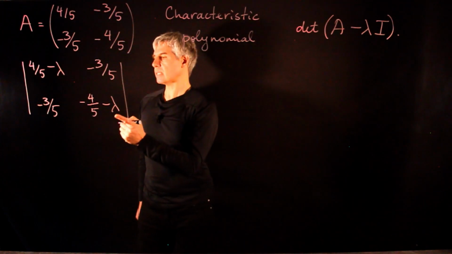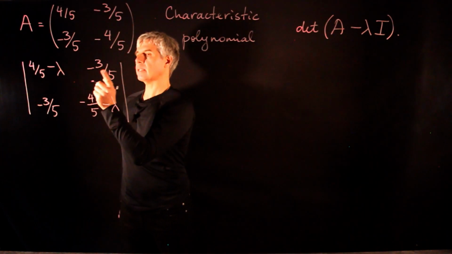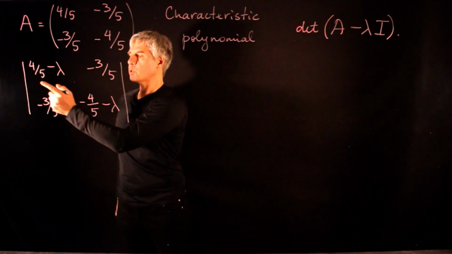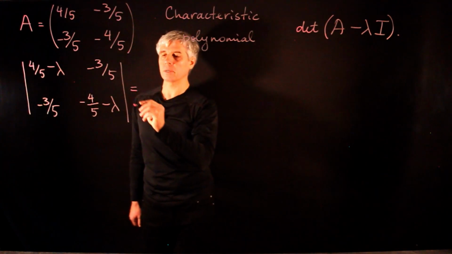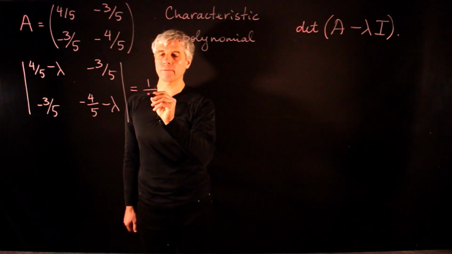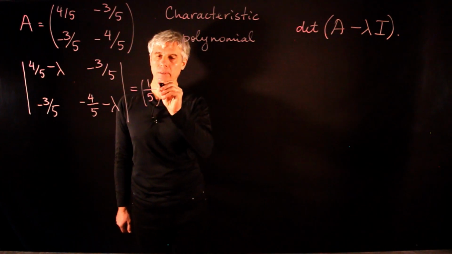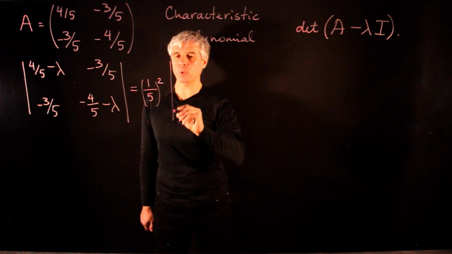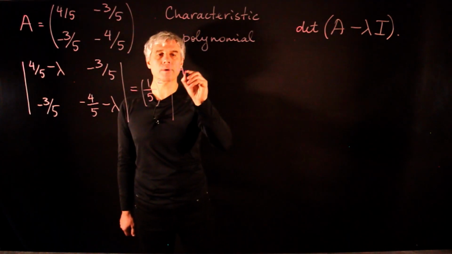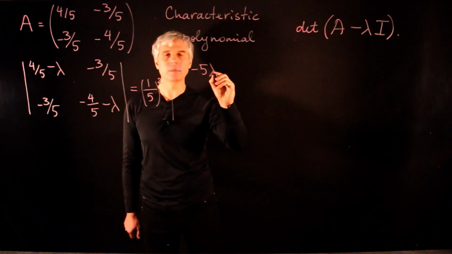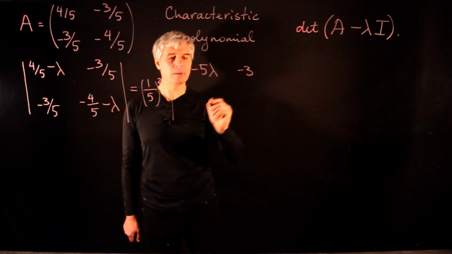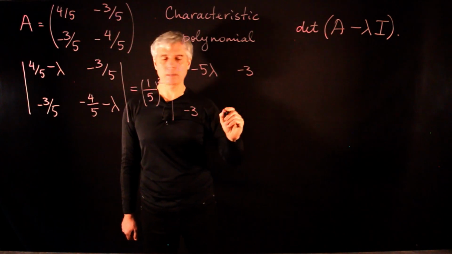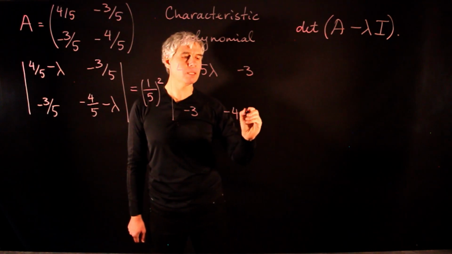Now, let us pull out the factor of 1/5 from the first row and from the second row. So then we get 1/5 squared times the following determinant: 4 minus 5 lambda, negative 3, negative 3, and negative 4 minus 5 lambda.